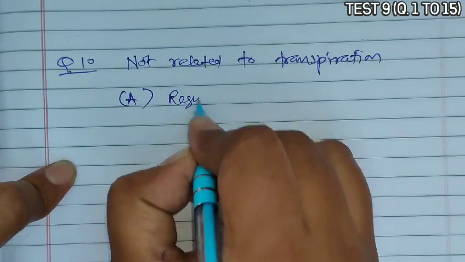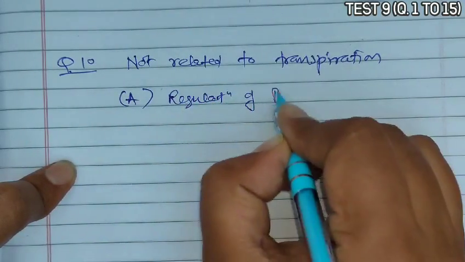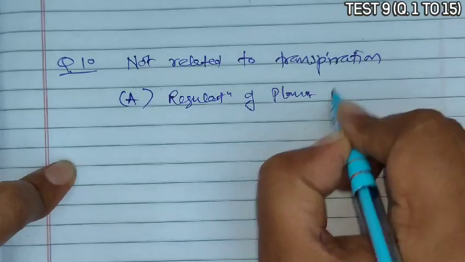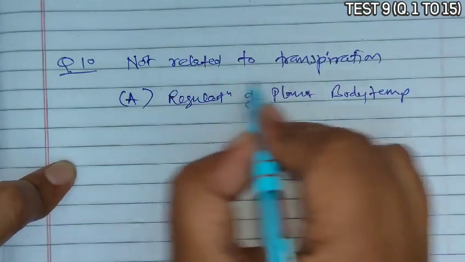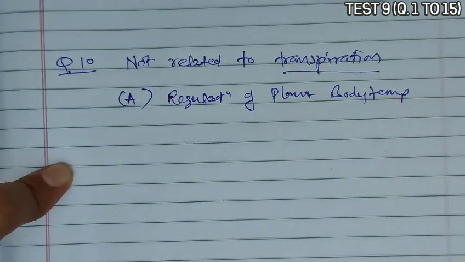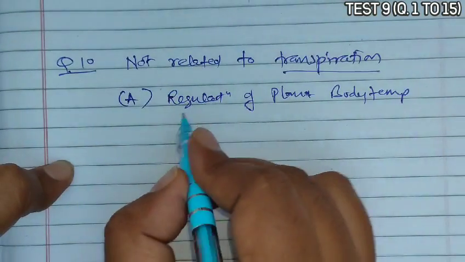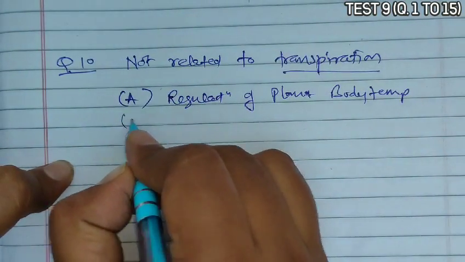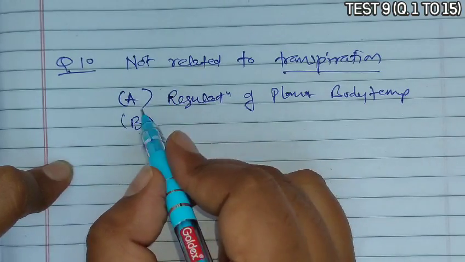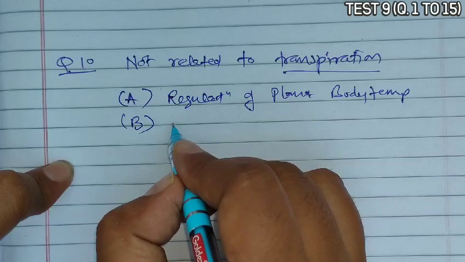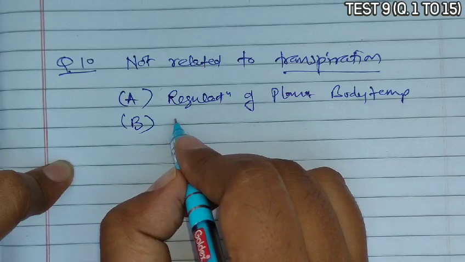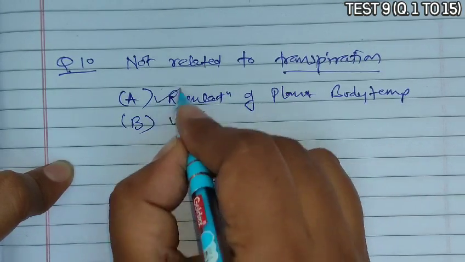Yes, transpiration shows a cooling effect, due to which plant body temperature is regulated. Option B is given as absorption and distribution of mineral salts. Yes, with transpiration some of the minerals are absorbed and distributed to the other parts of the plant, so it is also correct.